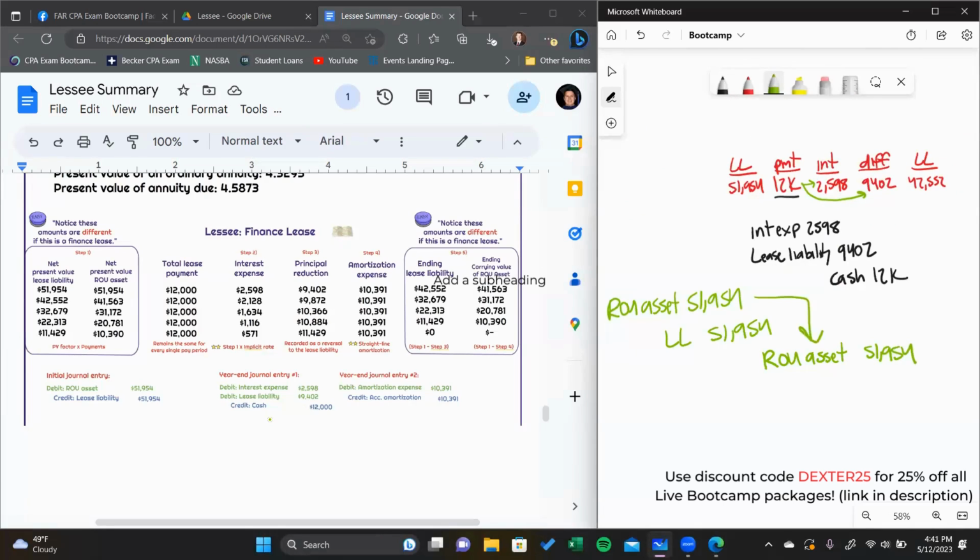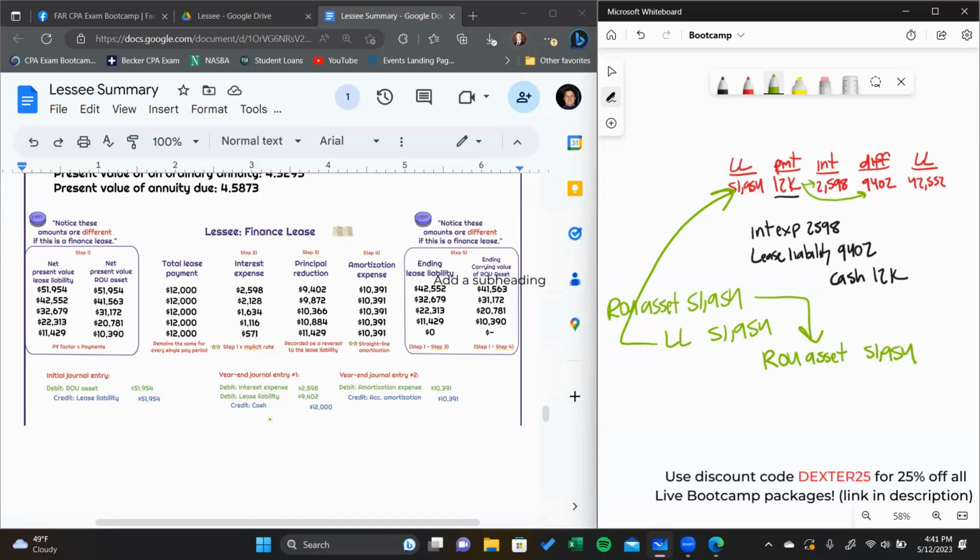So we pull the ROU asset down here and the lease liability goes up here. Now, generally these numbers are the same, but sometimes the lease liability could be a little bit different. So I just want to show you that for amortization purposes, we're going off of the asset amount, whereas for liability purposes, we set up our table based off of the liability.